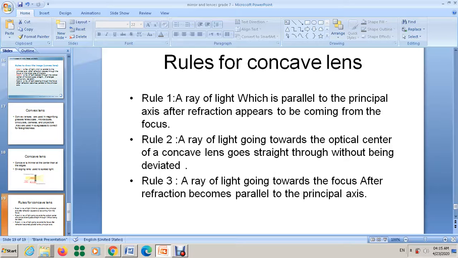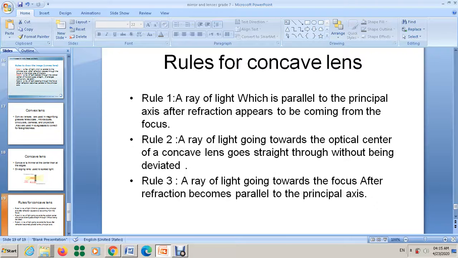So look at these rules for the concave lens. These rules are very important. A ray of light which is parallel to the principal axis, after refraction appears to be coming from the focus. So put in your mind, mirrors reflect light, lenses refract light.